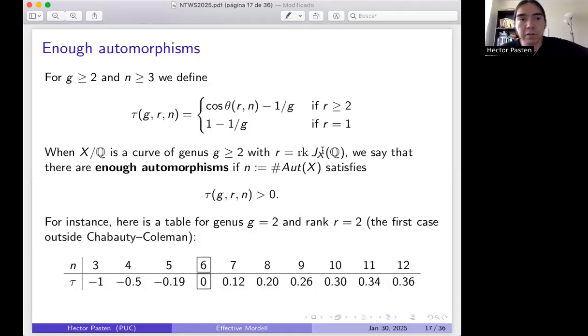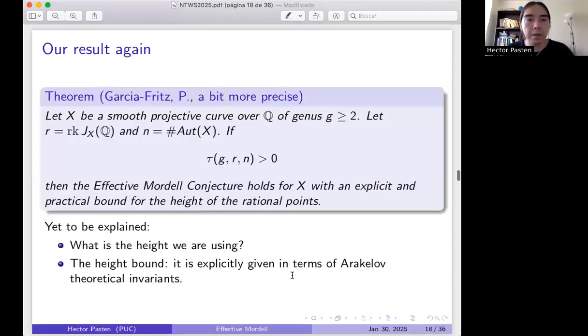Okay, so this is from the theory of spherical codes, and this is what we use to define what enough automorphisms means. So here's again the theorem, a little bit more precise. You take your curve, genus g, rank r, and little n is the number of automorphisms. If tau is strictly positive, then we get effective Mordell.